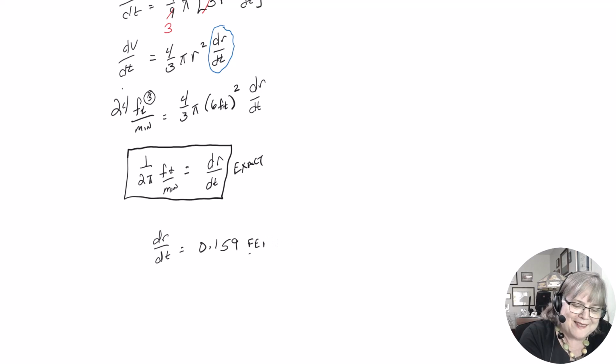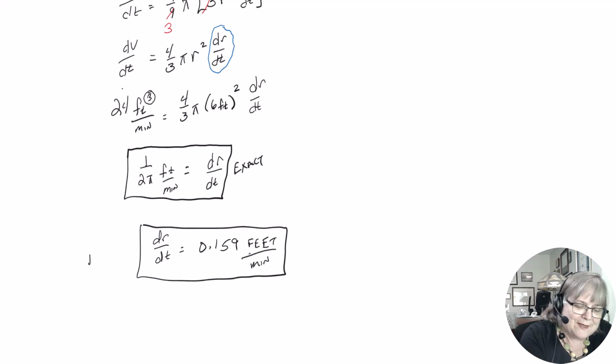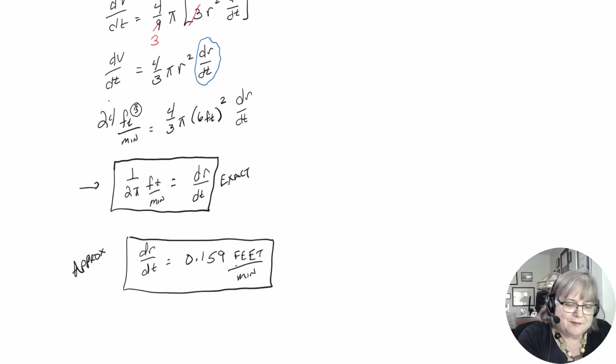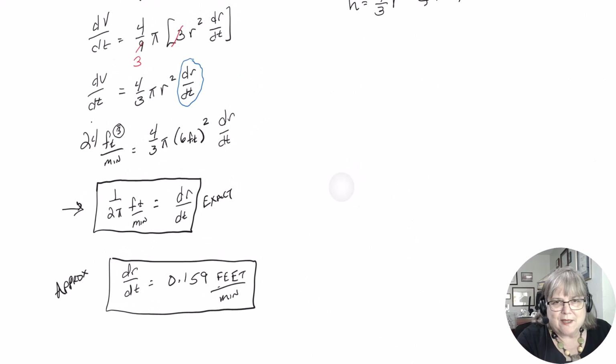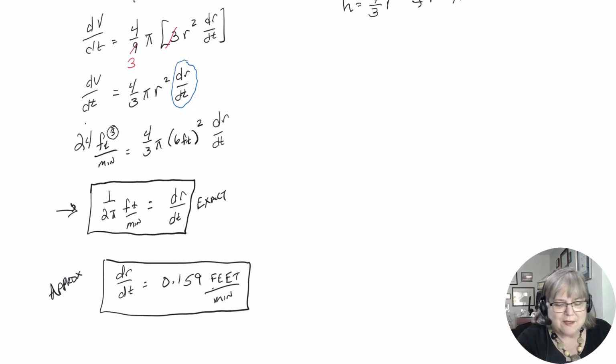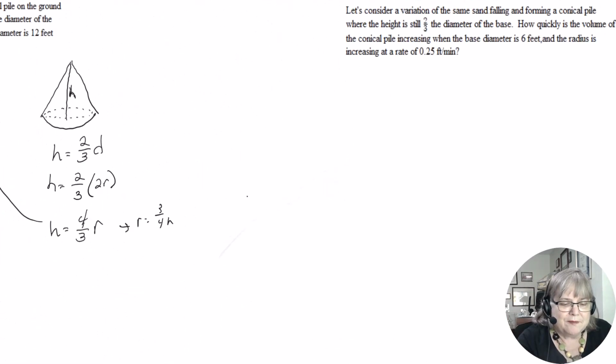Having trouble spelling today. Feet per minute. All right. So this one is approximate. If they don't tell you to round, they're expecting you to leave it right here. Unless your teacher's done something that says, for the purposes of this class, we're always going to round to this point. Then that would be a different story.